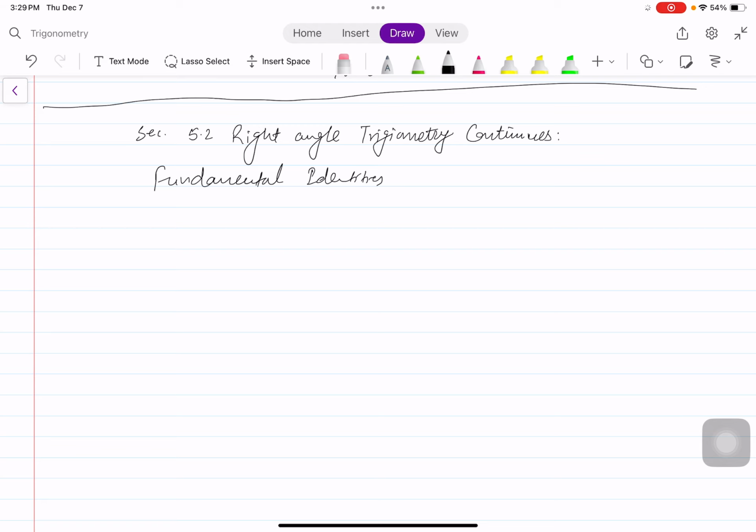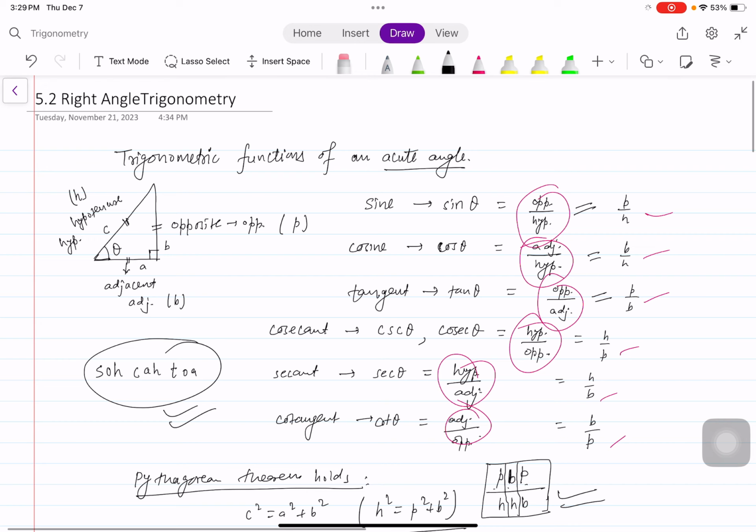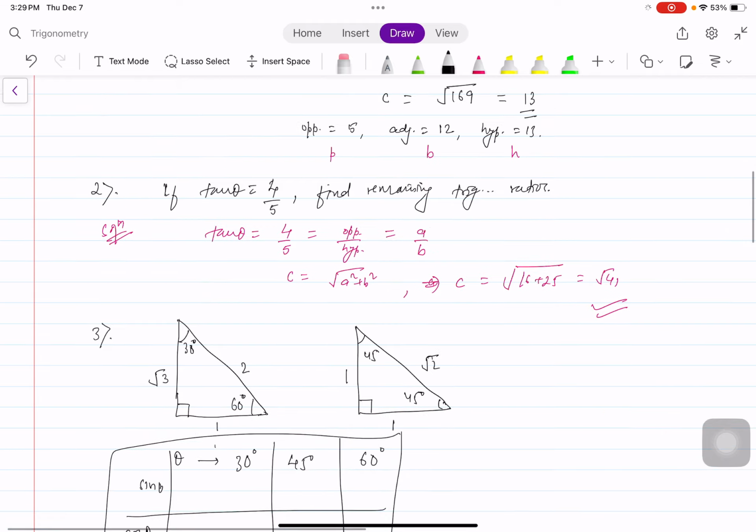So first of all, we will discuss reciprocal identities. Number one. What are reciprocal identities? If we look back to the relations that we discussed last time, they have reciprocal relations with each other.